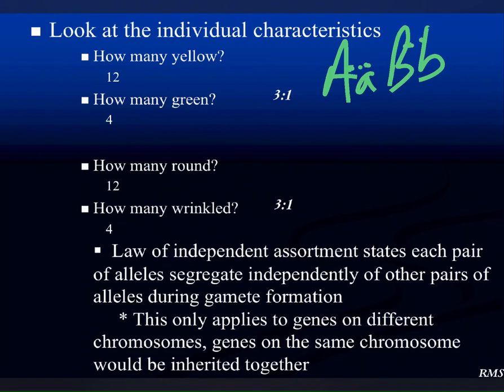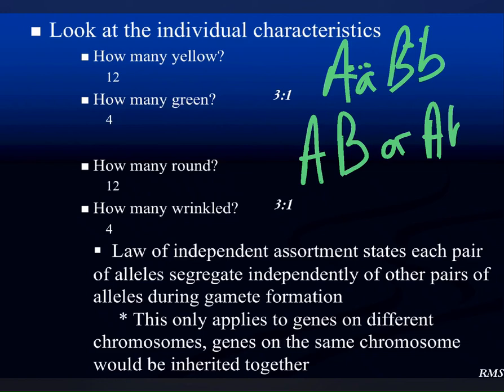So a sperm cell would end up with a big A and a big B, or a big A and a little b, or a little a and a big B, or a little a and a little b. Same thing with an egg. It could end up with a big A, big B, big A, little b, little a, big B, or little a, little b. And that's because they sort independently.